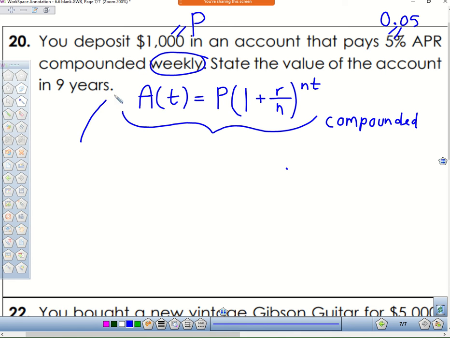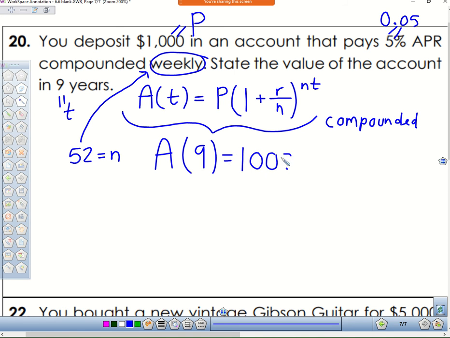So if it's compounded weekly, how many times in a year is it compounded? Good, 52. And this is your N. And this is T. So it's going to be A of 9 is equal to 1,000 times 1 plus your rate divided by 52 to the power of 52 times 9.